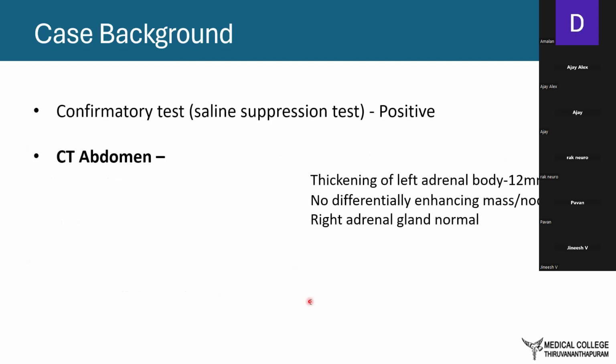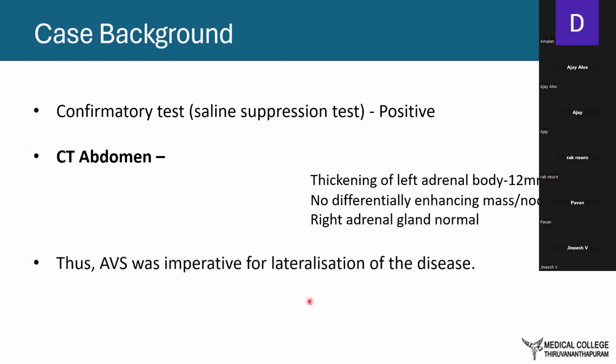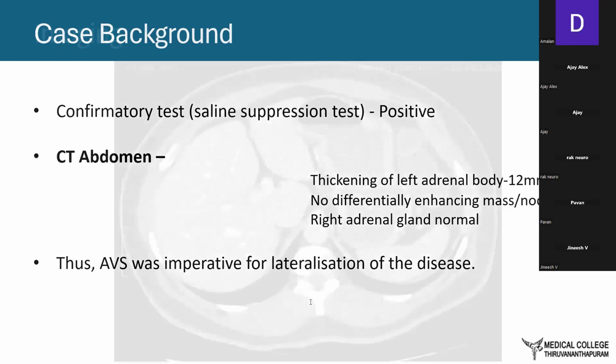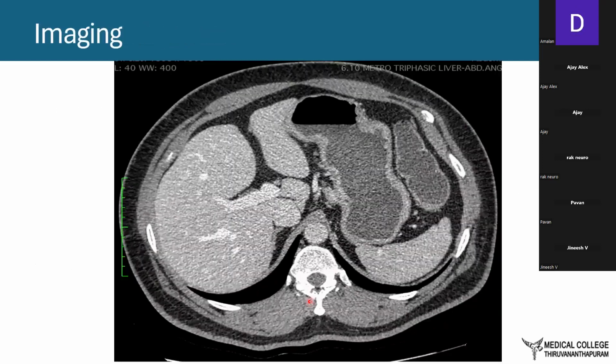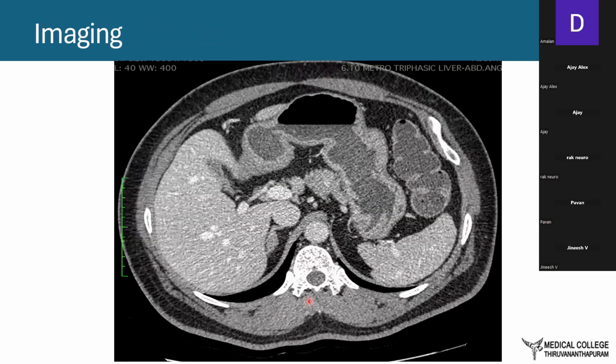The confirmatory test was done, and CT done as part of evaluation incidentally showed a left adrenal body thickening, suggestive of possibly an adenoma. The right adrenal was normal. Because the patient already had uncontrolled hypertension on antihypertensives for about 10 years, and an adenoma on one side, before proceeding to surgery to remove it, AVS was considered to evaluate the clinical response post-surgery.